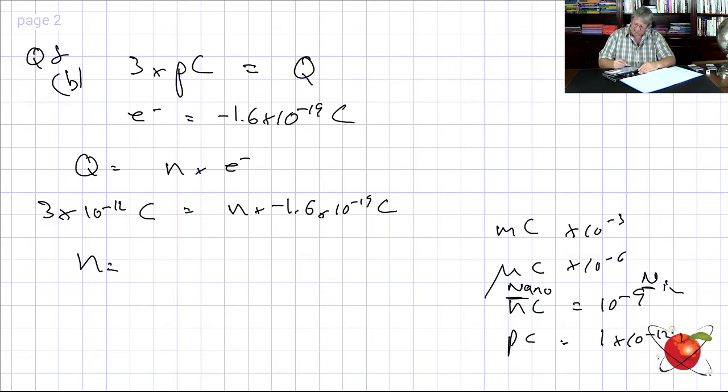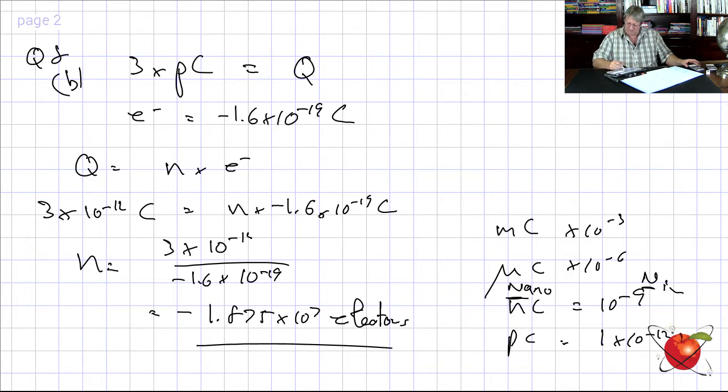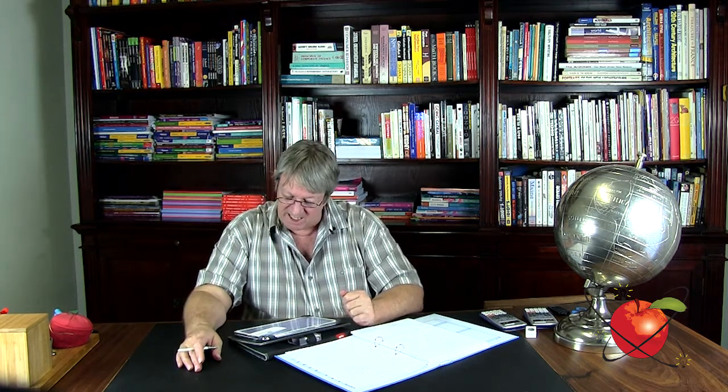Therefore N is 3 times 10 to the minus 12 over minus 1.6 times 10 to the minus 19. If you do that whole lot, you come to minus 1.875 times 10 to the 7 electrons. Very small charge, but a lot of electrons. That's like 18 odd million of them, isn't it? So it's a lot of electrons flowing through at that time.